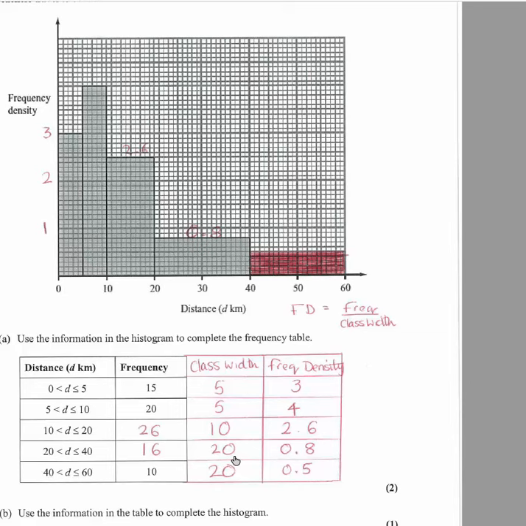This one is 0.8 high and 20 wide. 20 times 0.8 is 16. For this one, the frequency is 10, so it needs an area of 10, and it's 20 wide, therefore 20 times 0.5 makes the 10. So 0.5 is the height of the bar that we need to draw in.